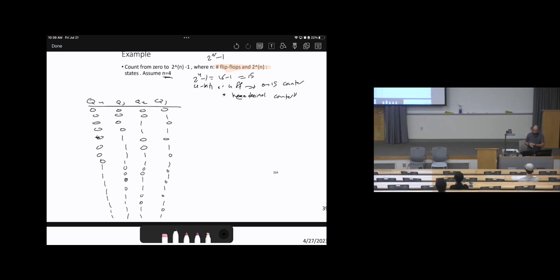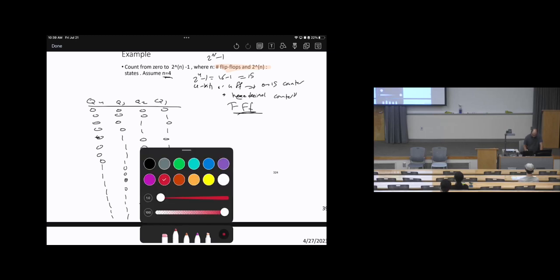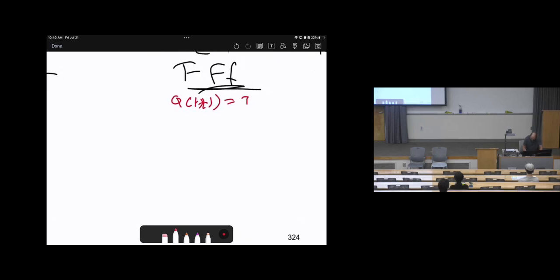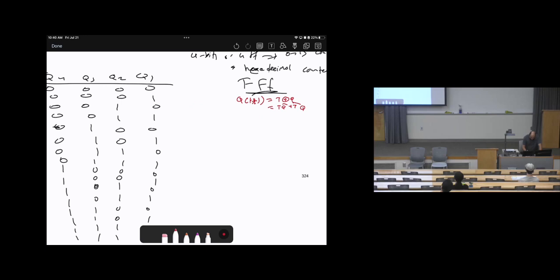Now, let's assume we want to use T flip-flop. How can we make our analysis? Recall the equation of the T flip-flop: Q of t plus 1, or Q star, will be T exclusive OR with Q, or in other words, TQ bar plus T bar Q. Now we need to do Q1 first.